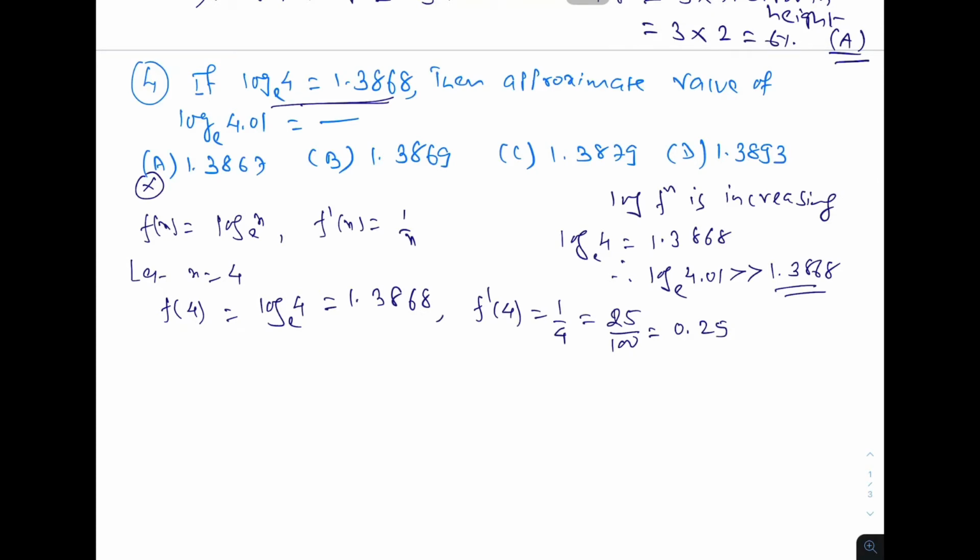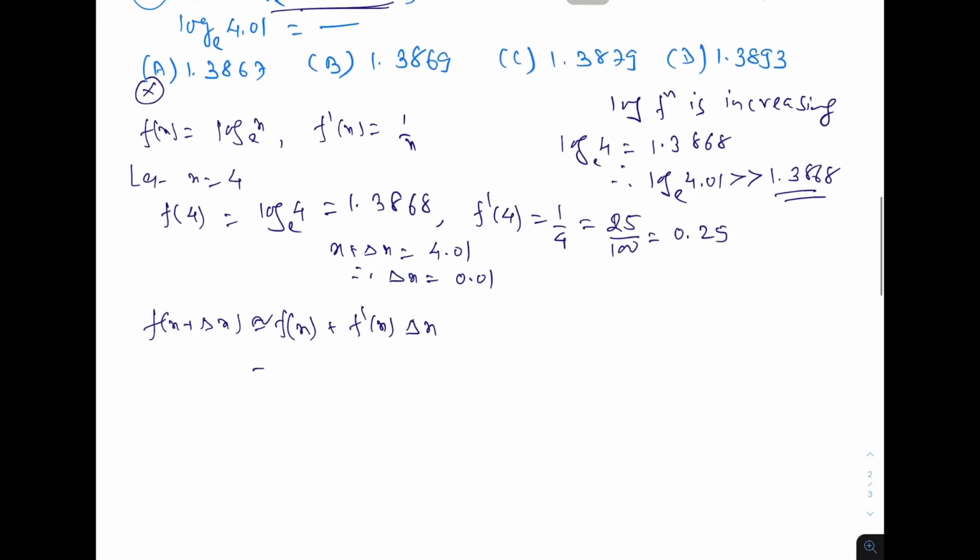Now we know f of x, x plus delta x is 4.01, and therefore delta x is 0.01. We know f of x plus delta x is approximately equal to f x plus f dash x delta x.